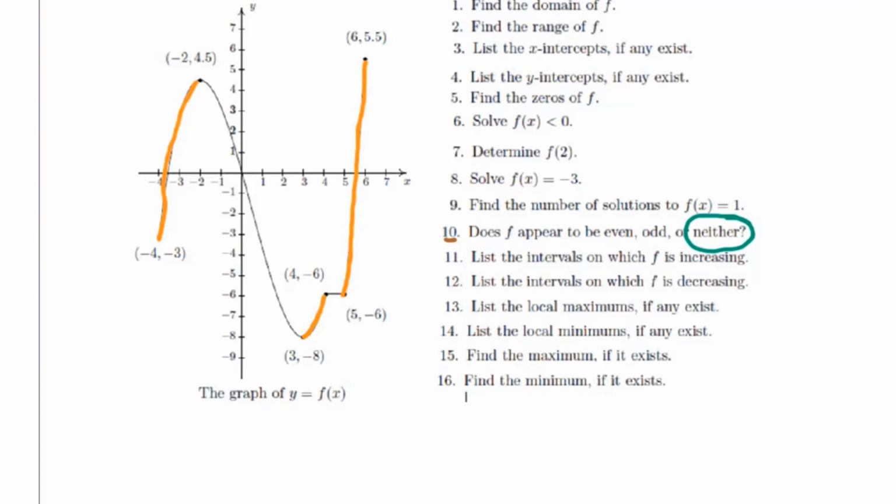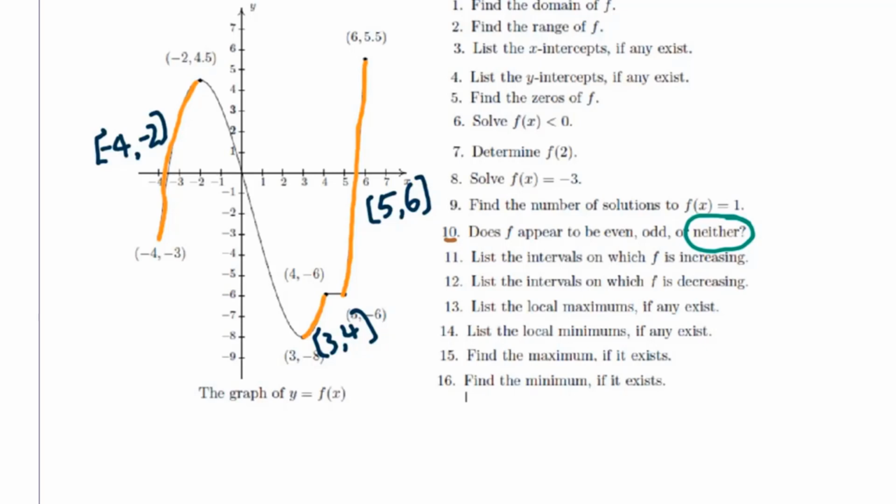Then you need to figure out the domain for each part going up. For this part, the domain is from -4 to -2. This part is 3 to 4. This part will be from 5 to 6.